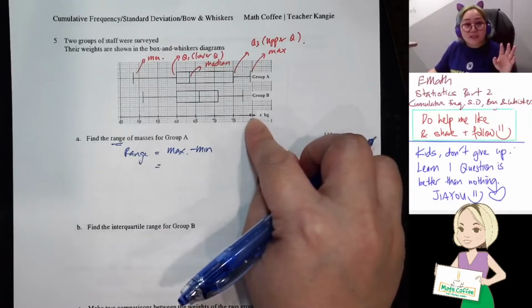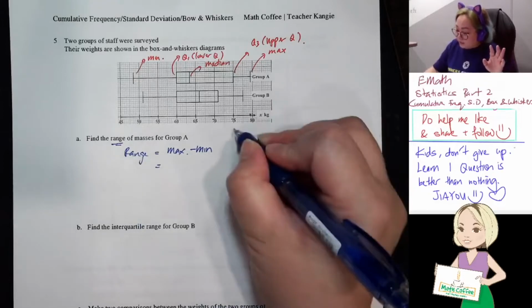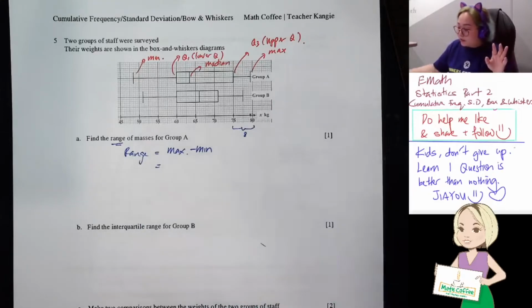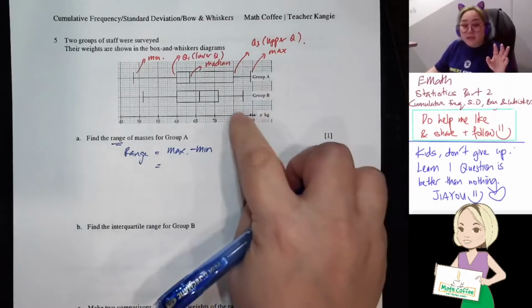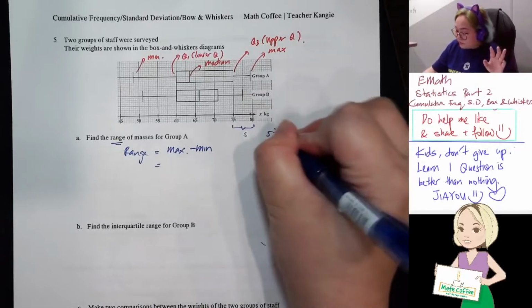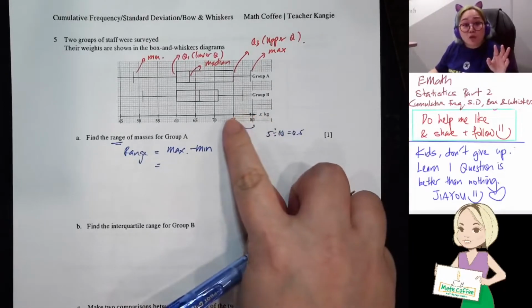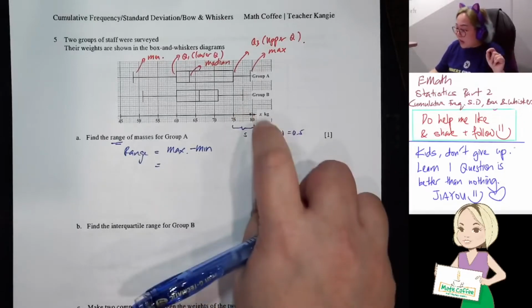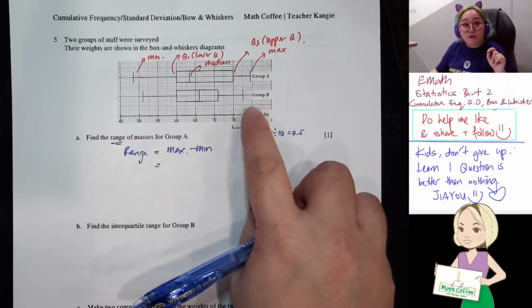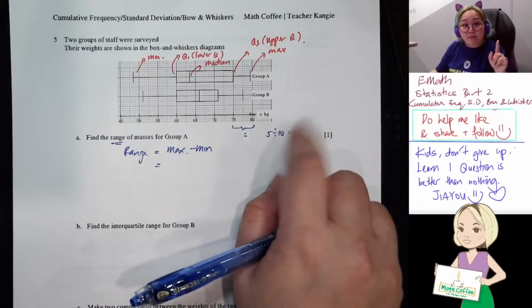Now the question is, how do you know it's 79.5? See, 75 to 80, we know it is 5, and there are 10 boxes here. 5 divided by 10 is 0.5. So one small square is 0.5. I am one small square before the 80. So 80 minus 0.5 is 79.5.